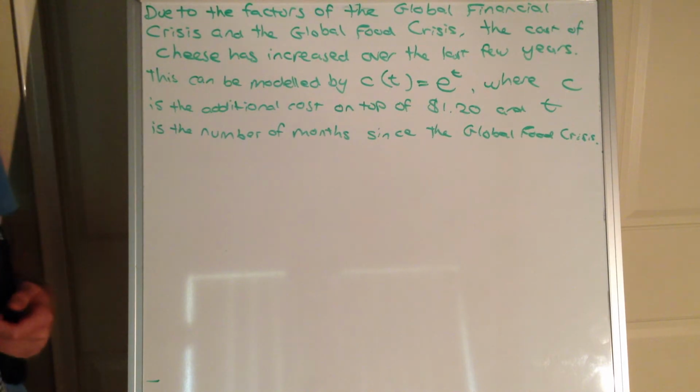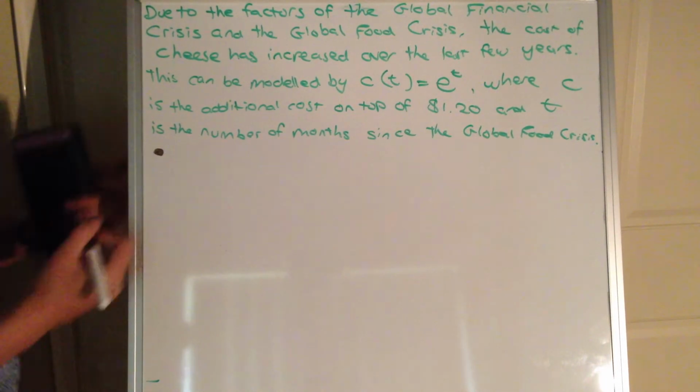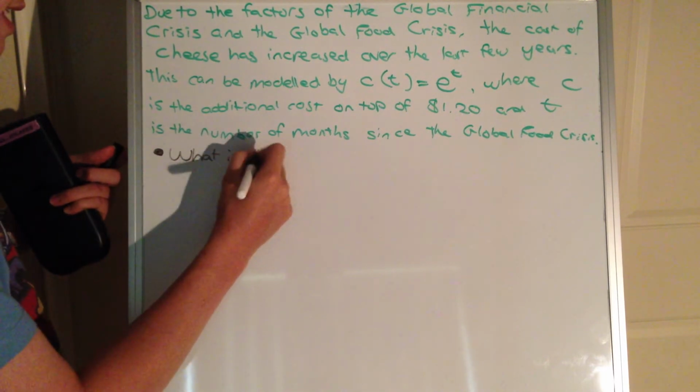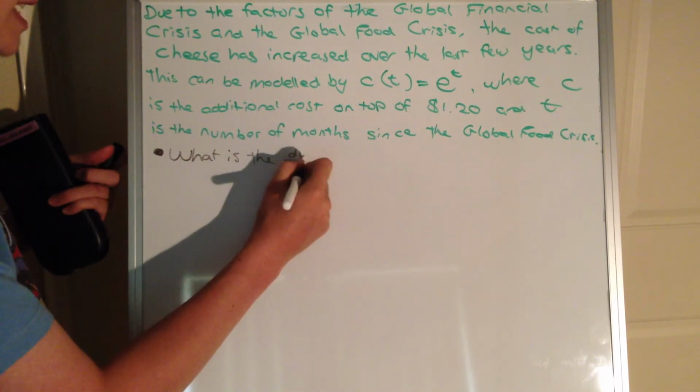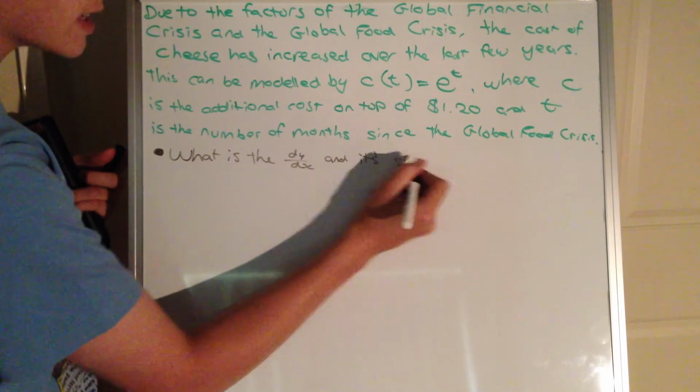But that's our next problem, so let's have a look at what we're going to be asking here. So, first question regarding this is, what is the dy over dx and its significance?